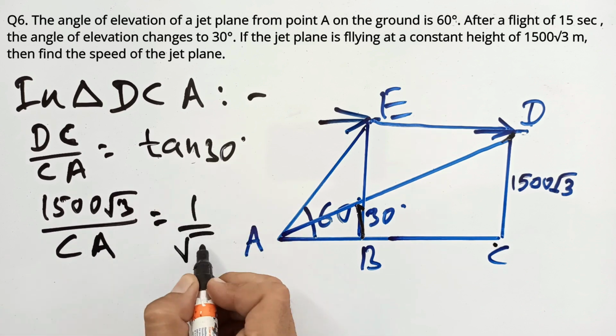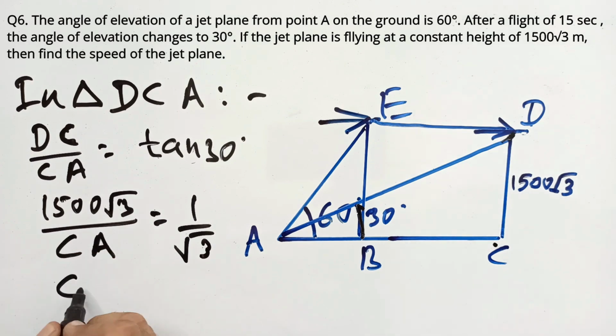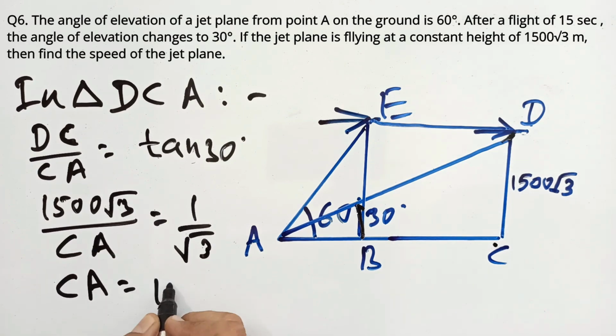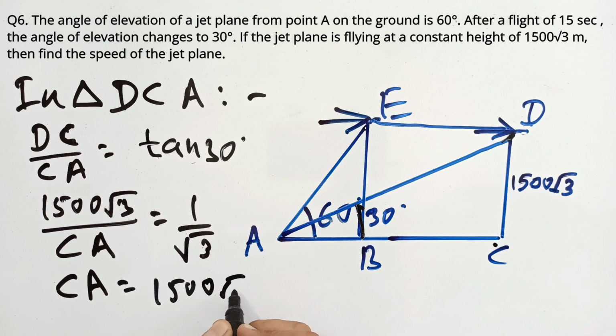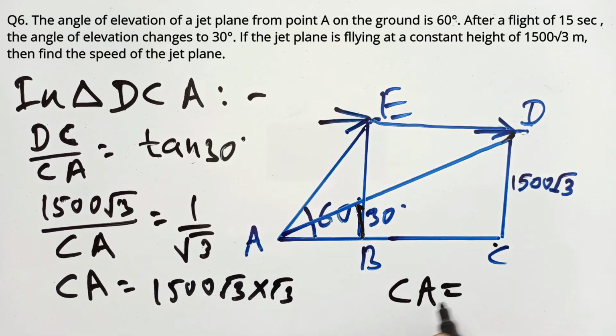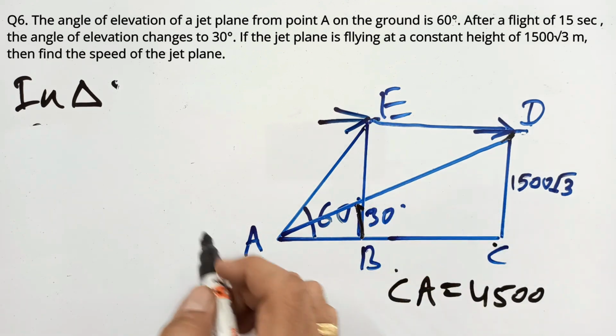Tan 30 is 1 by root 3. By cross multiplying, we will get CA is equal to 1500 root 3 into root 3, 1500 into 3, 4500. This is CA.